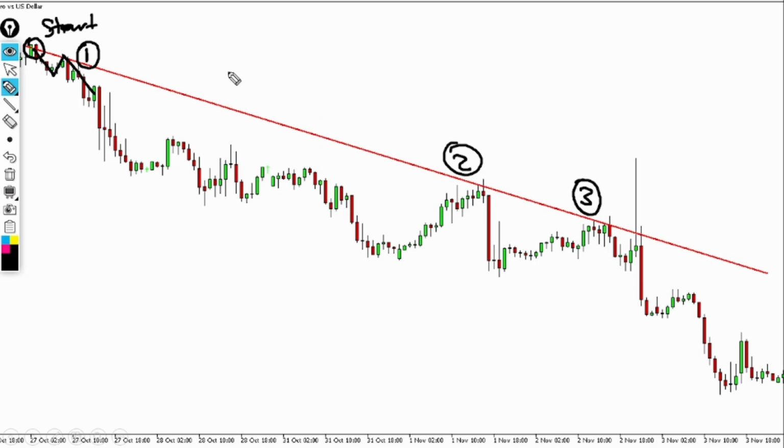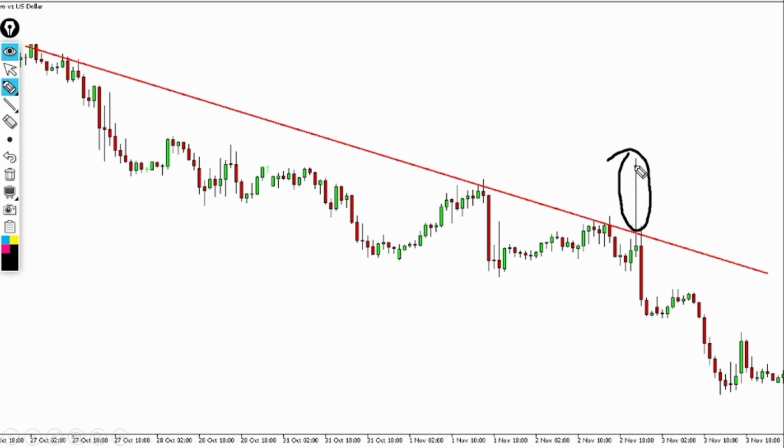Why? Because this market has already been moving to the downside. If the market is already moving in a downtrend, we are looking for sell trades, right? You can see here from this point, comes back into this zone, and on this zone, you're going to see a lot of candles with rejections. What did I call a rejection? I said if a candle has a huge wick, it means the market was trying to go up and was rejected.